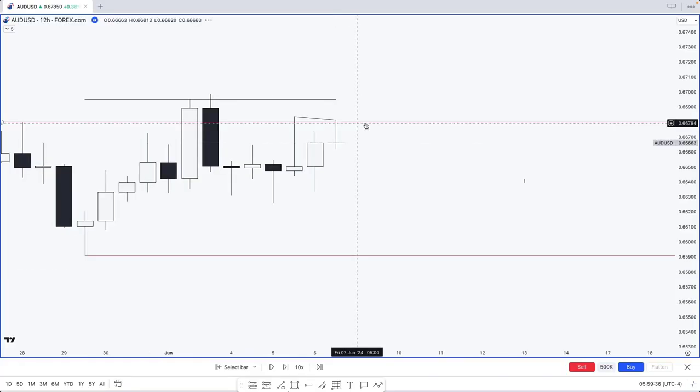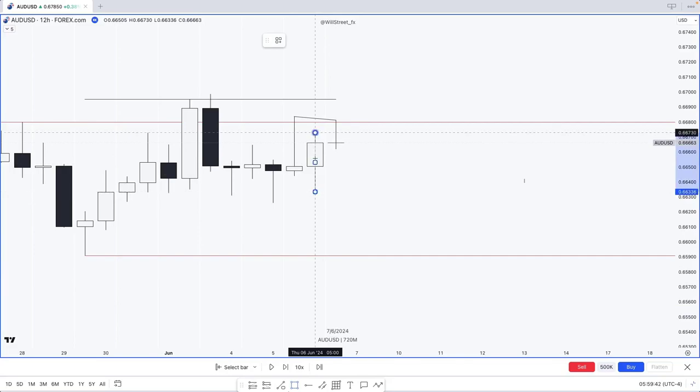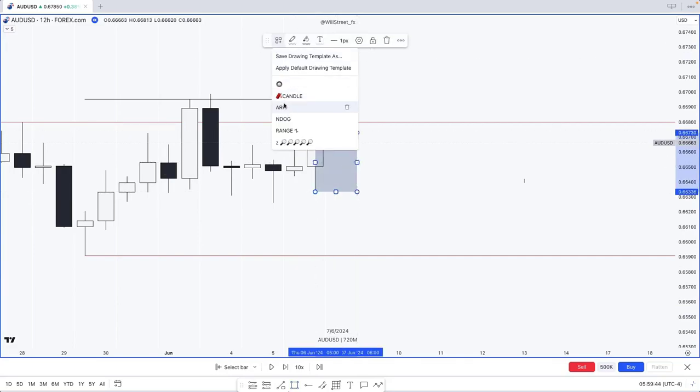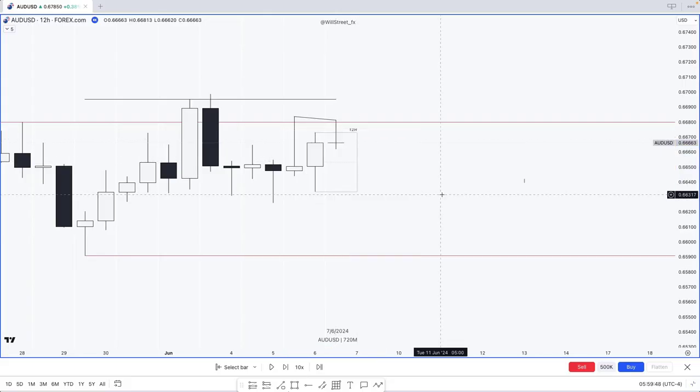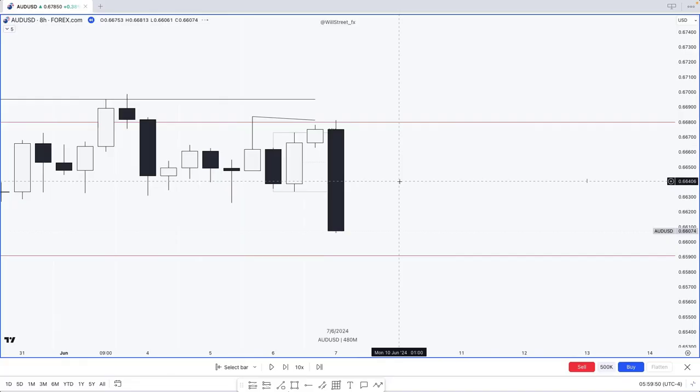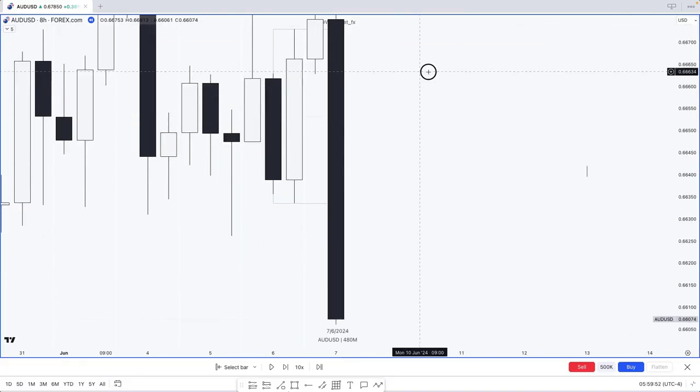Let's refine. Look at this. 12 hours. And refine. Perfect.